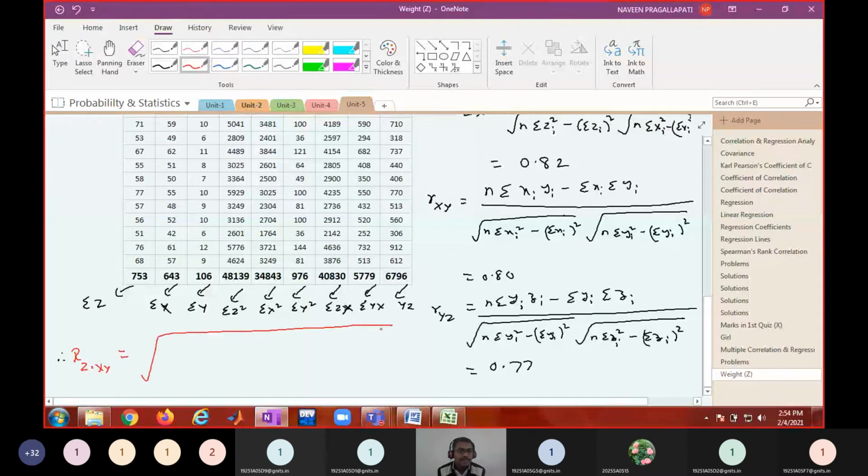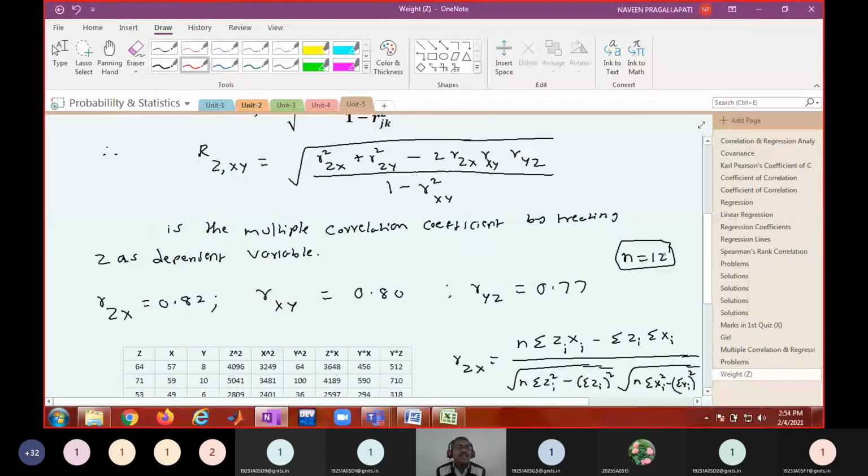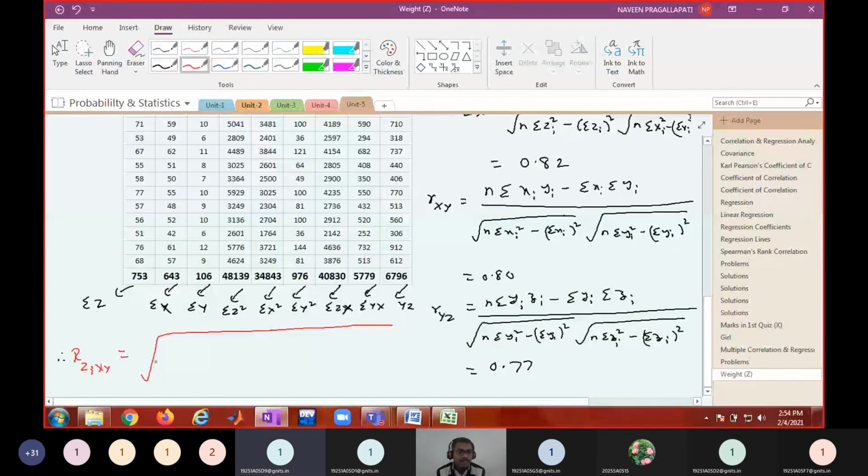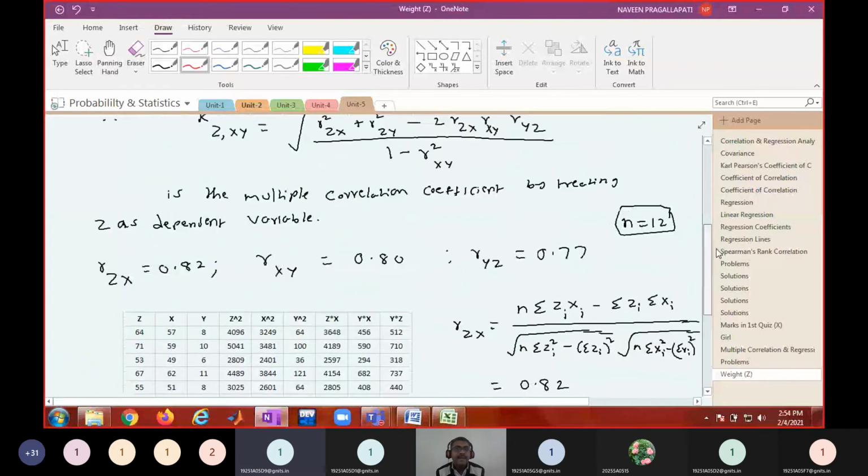Substitute these values. rzx whole square. 0.8417. Final answer.